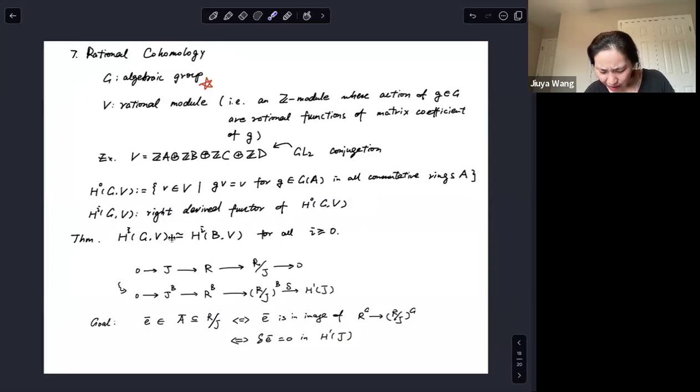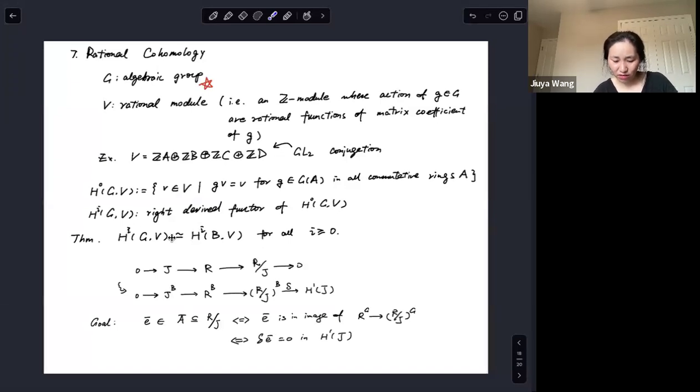Okay, so for this part, you need to realize that when you quotient G by B, it has a bijection to P1. So it is proper, and B is affine. P1 is a compact object, and that is essentially the reason.